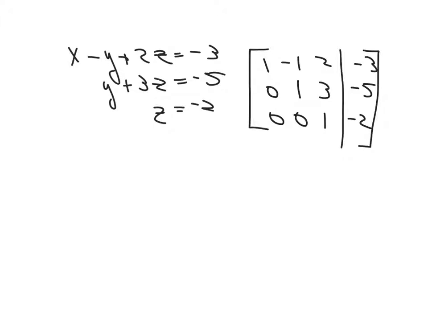Okay? Once it's in that form, notice what we've got. We found our z, they gave us our z already. Then we go up 1 and we plug -2 in here and we solve for y. Then after we solve for y, now we have what y equals and what z equals, and we put y here and the number for z here and solve for x. Okay, remember that's called back substitution. So that's how we find our x, our y, and our z.